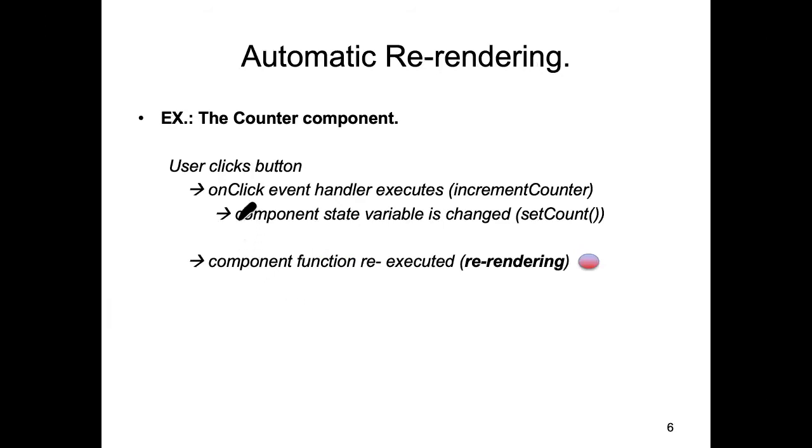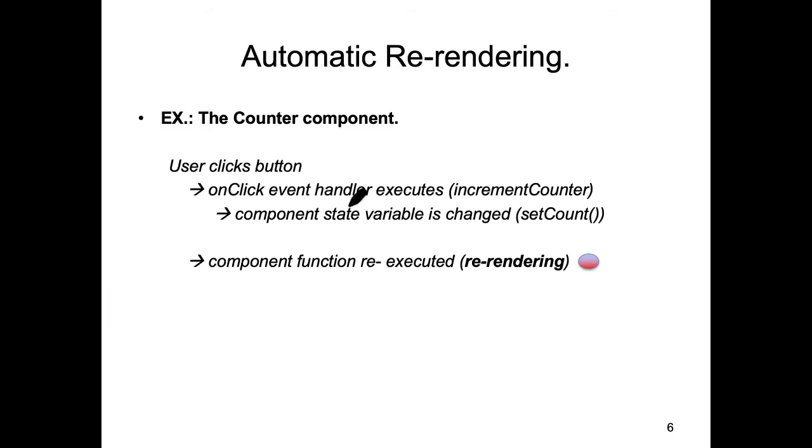So this is my way of representing what's happening behind the scenes. This is the flow when the user clicks the button in my counter. That causes the onClick event handler to execute. That's normal browser behavior. But then, because my event handler changes the component state variable, this is where we move into React space.